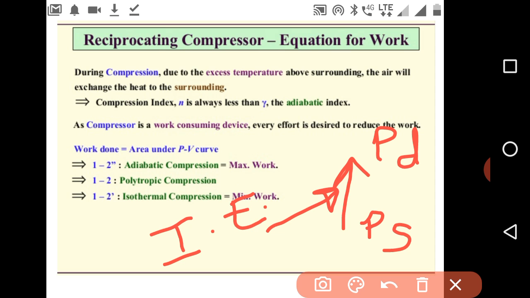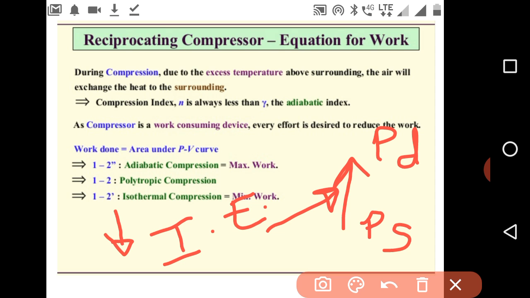As the internal energy of the air keeps on increasing, it will reject heat to the ambient.